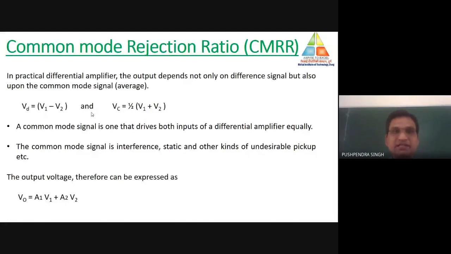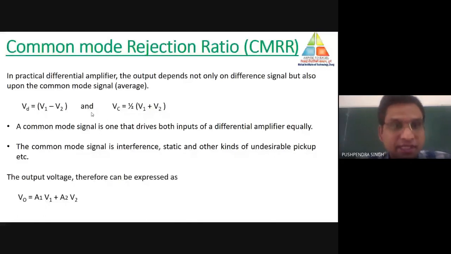But in our lectures, we have not discussed the noise signal. Whenever we pass any signal from the input terminal to the output terminal, there is some noise present in the signal. So when we design any kind of circuit, we also need to identify how much noise content is present in the output signal.